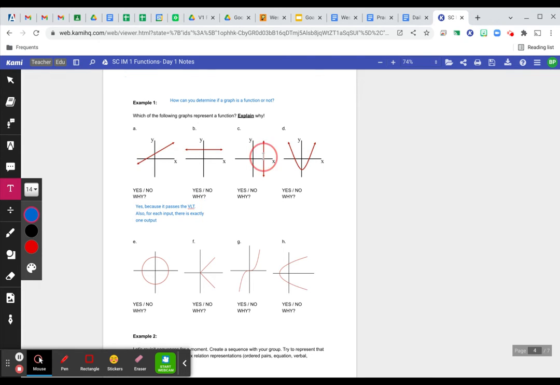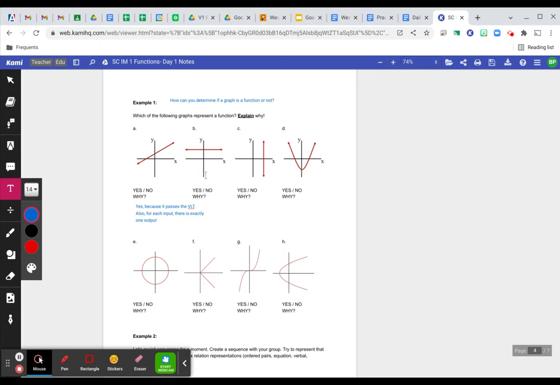So for example, if you look at this one right here, right? When you're running your pencil along from left to right and you hit that line, well, that line right there is touching at infinitely many points. So this input value x, where the line is crossing the x-axis, has infinitely many outputs along that line, the outputs being the y values.